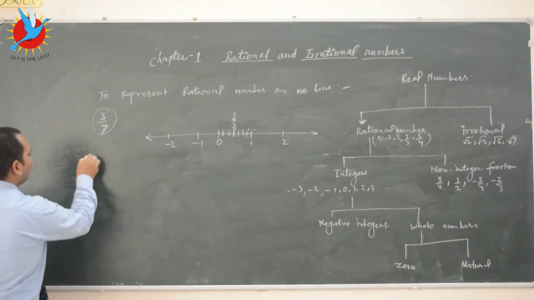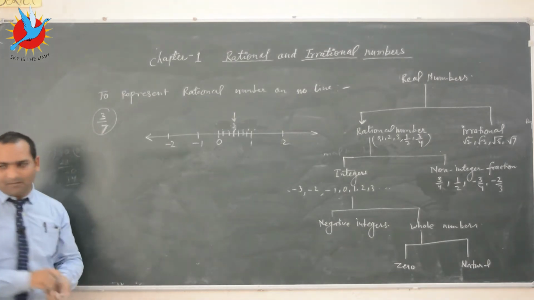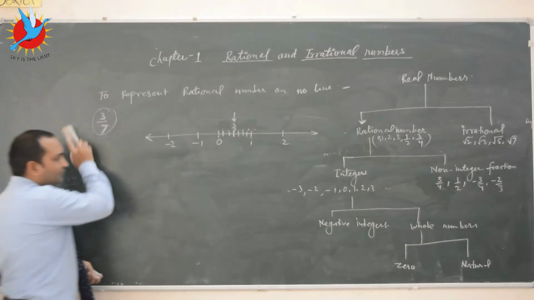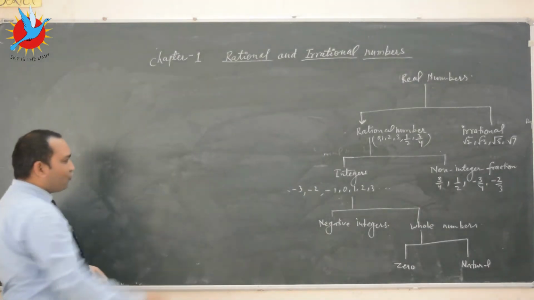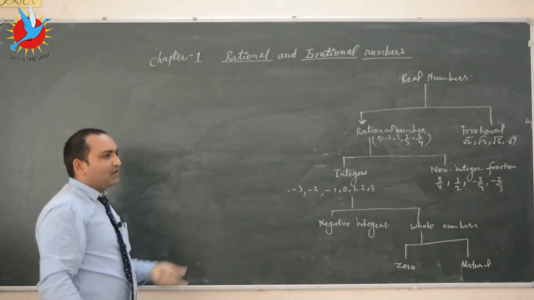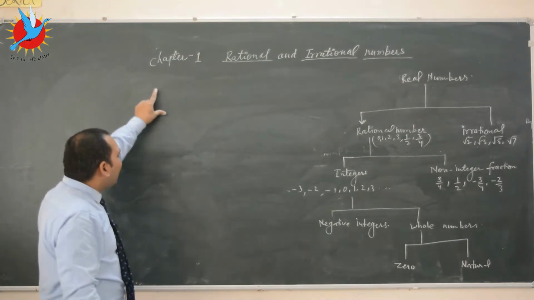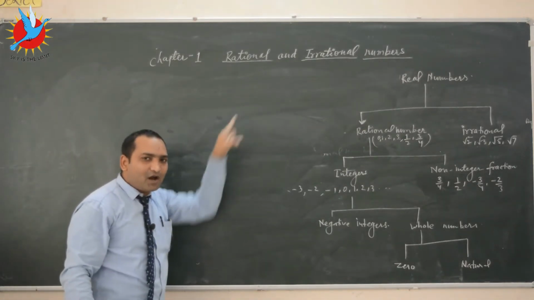Second, we read what an irrational number is. As you know, a rational number can be defined as a number in the form p upon q, where p and q are integers and q is not equal to 0.